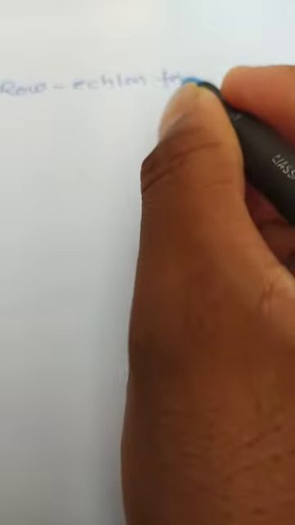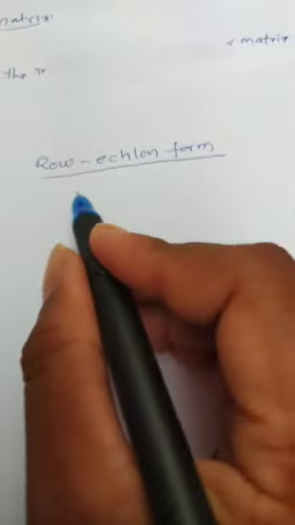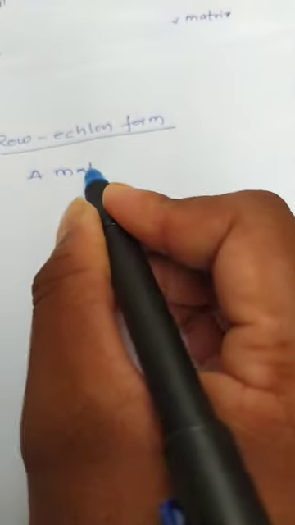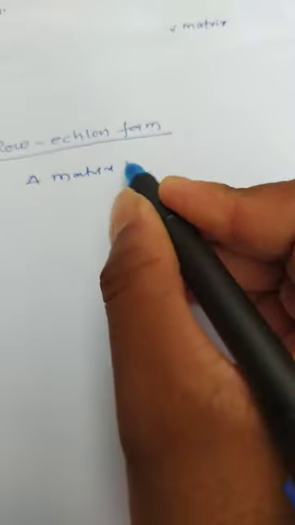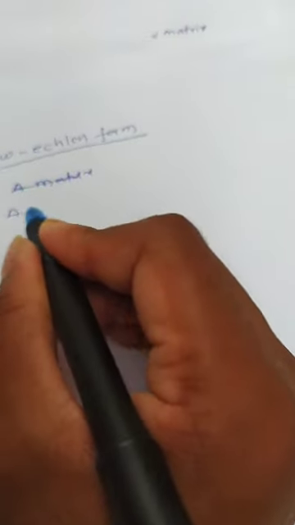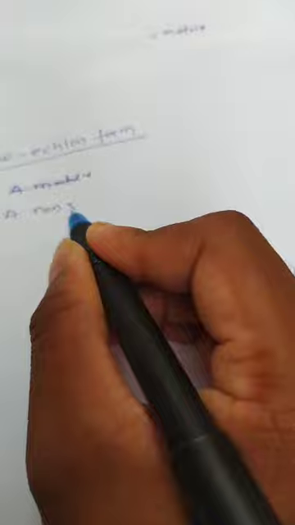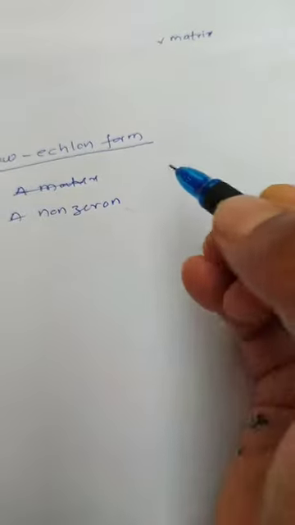Definition: a matrix which is non-zero. It should be a non-zero matrix, not non-singular.